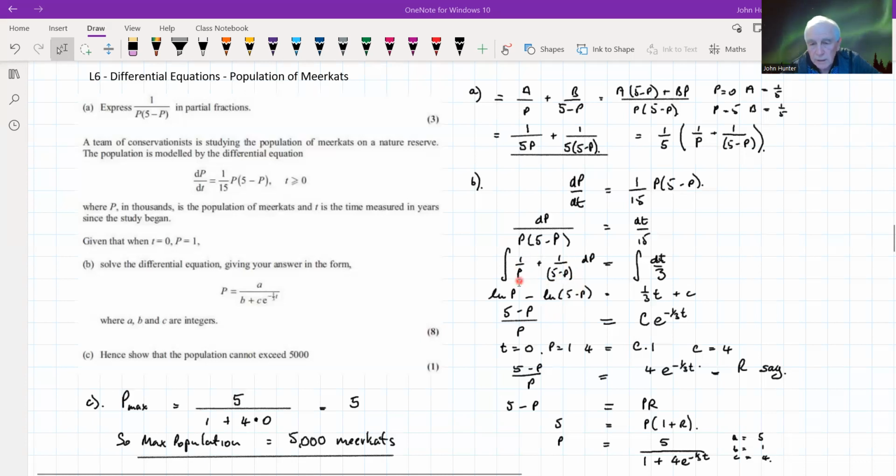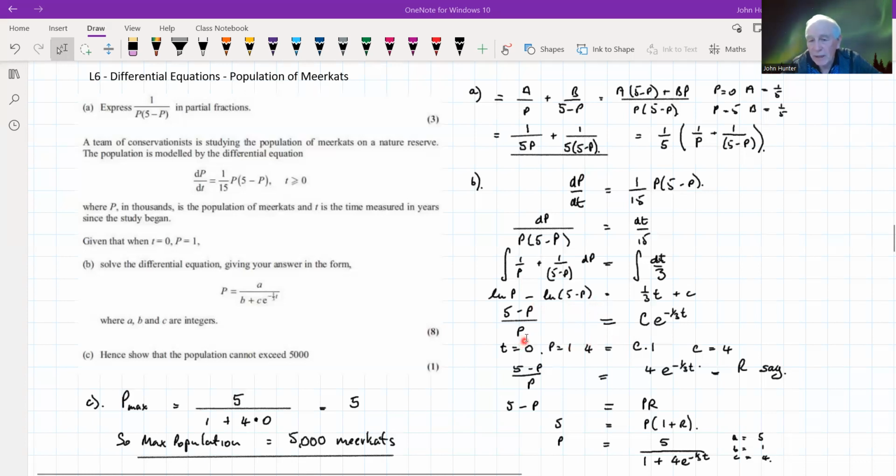So if we then integrate this left-hand side, we're going to get this. Now I kind of skipped a step here. What we've done is expressed this as the natural log of p over 5 - p, then exponentiated it and inverted it.